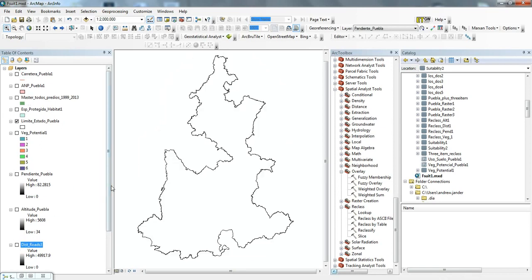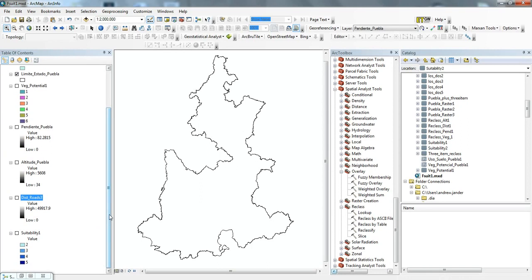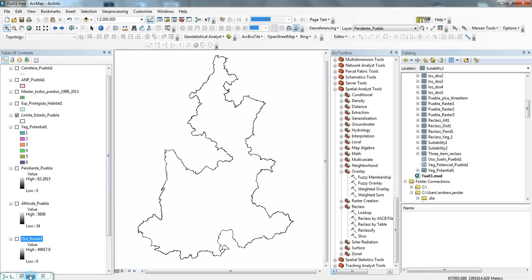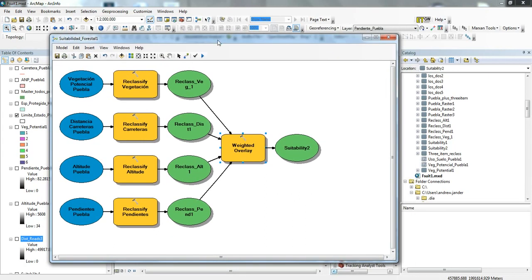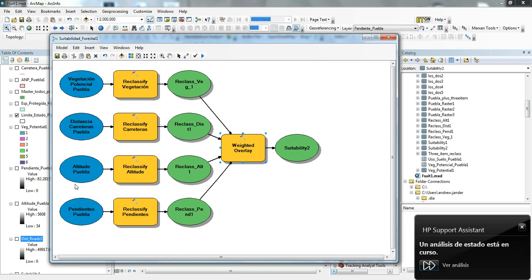So basically, I pulled all those into this model here. If you look at this model, here in blue you have all of the inputs, and these inputs are the vegetation, the distance from roads, the altitude, and the slope.